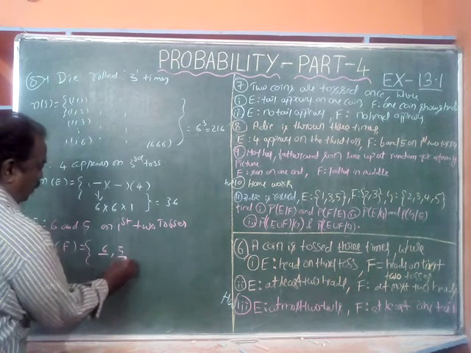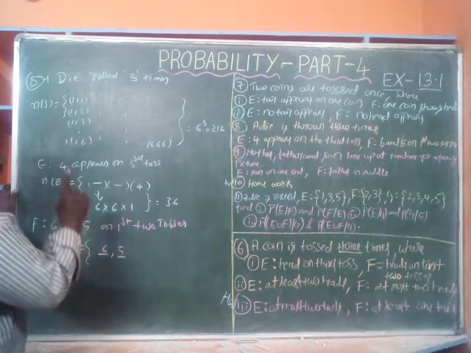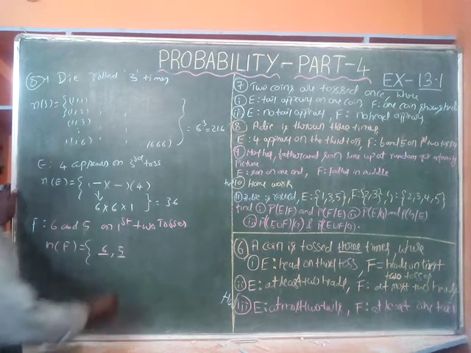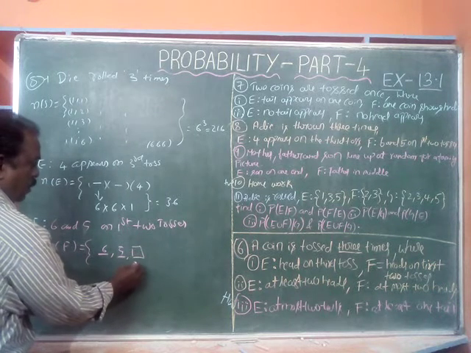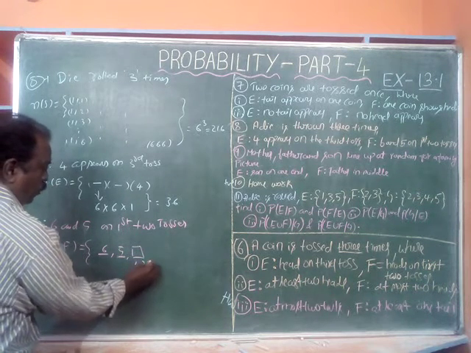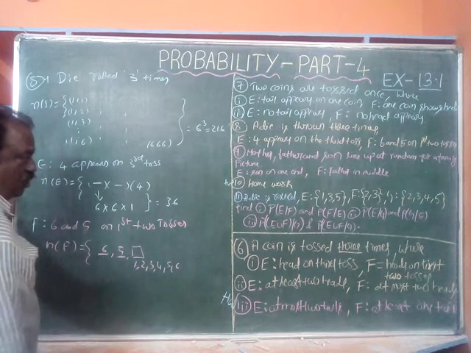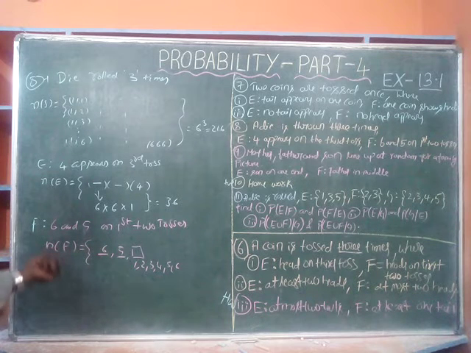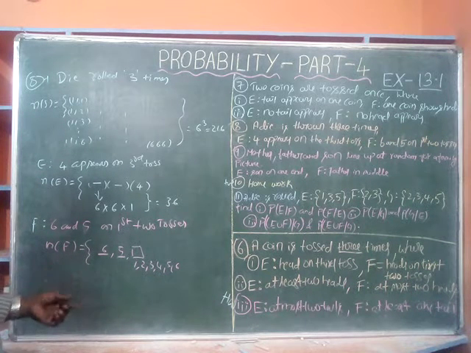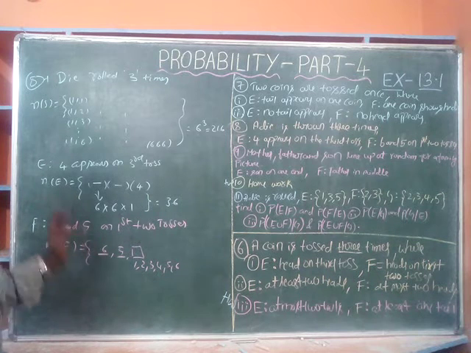It is the second toss. In the first toss, 6 is fixed. Second, 5 is fixed. And the third is any number. It may be 1 or 2 or 3 or 4 or 5 or 6. The condition is F is the event that the first 2 tosses must be 6 and 5.